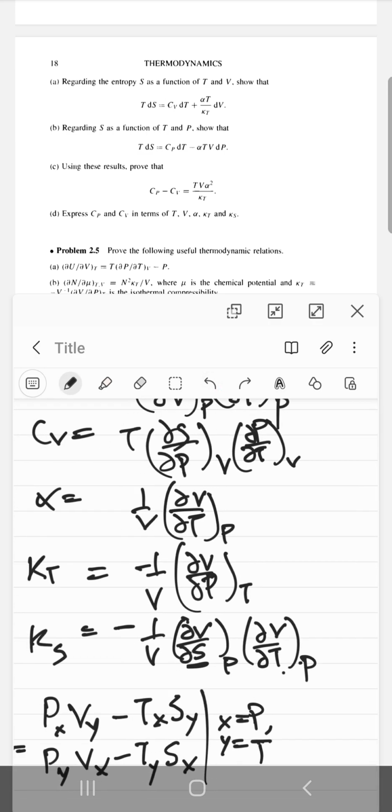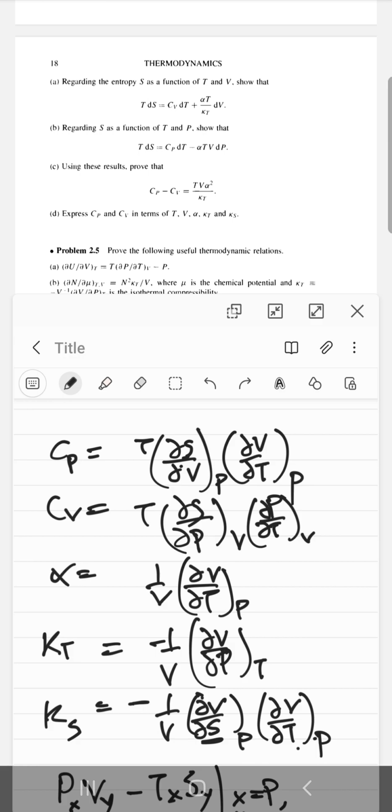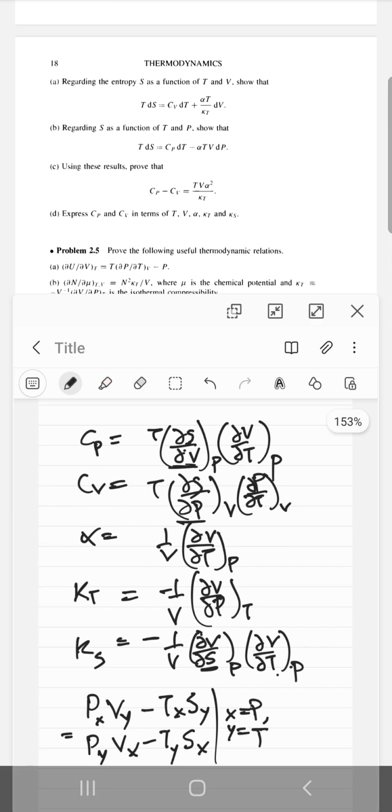Okay, let's see if there's any simpler terms that we can get rid of. So we also have to get rid of this and that, right? Okay, how do we do that? So S by V, right, constant pressure. So we'll have to switch the pressure volume term. Hey, wait a second.